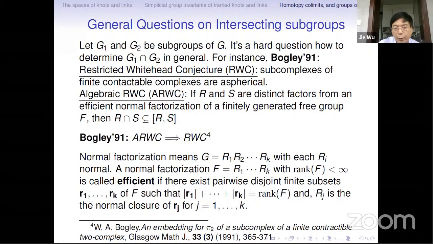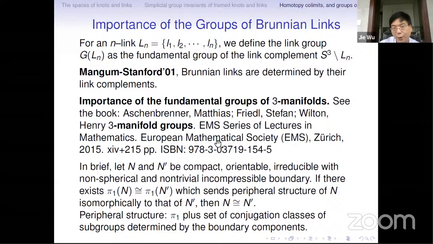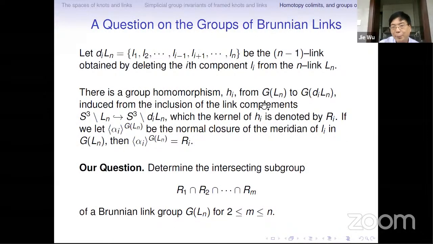And the one work I want to mention here is about Brunnian links. Okay, so there's one question we have been looking at. I skip the definition of Brunnian links, as I assume everybody knows. Because the group of a Brunnian link is pretty strong, in some sense, they can determine the link in some way.